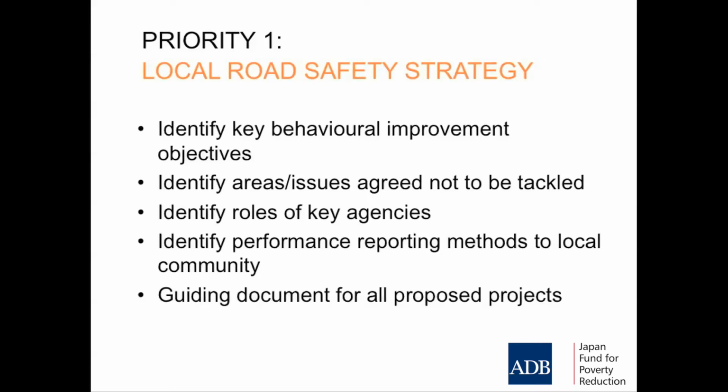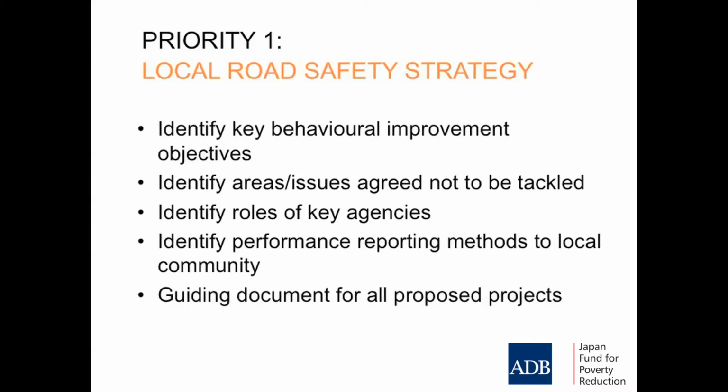Do you get agreement from the local mosque that the Mullah will talk about performance in local road safety once every 6 months? There's a range of ways, but you need to make sure that you have in your strategy mechanisms for communicating back out to the community.